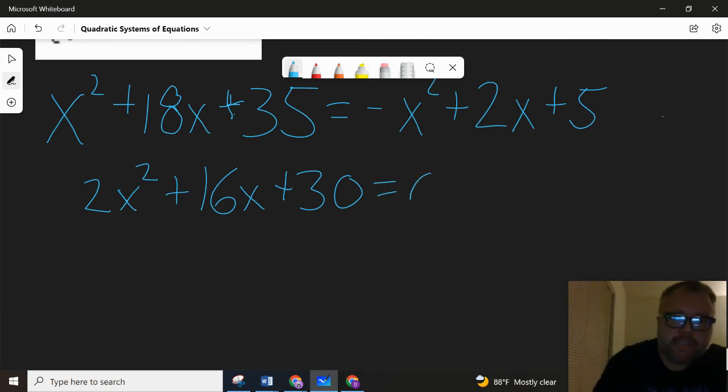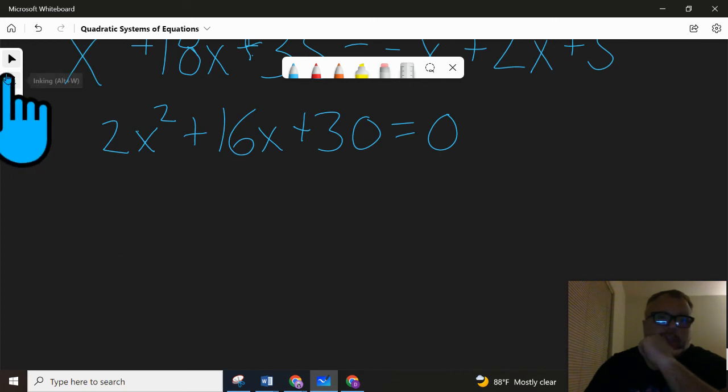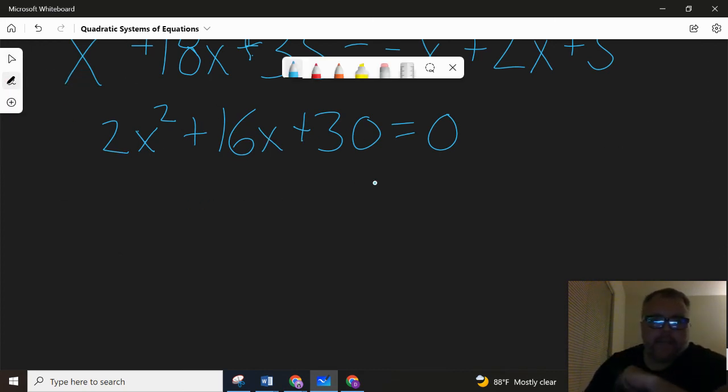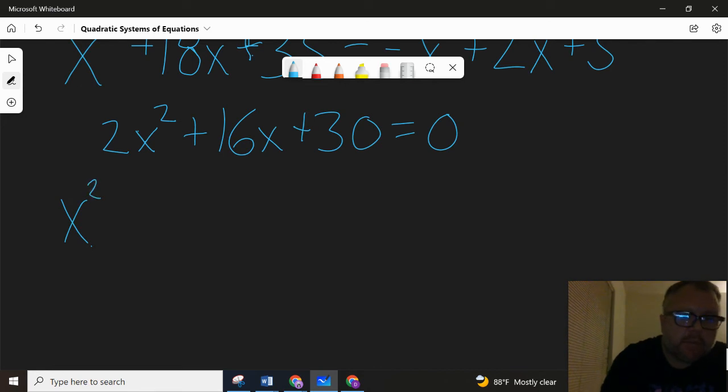Now it's set equal to 0. One optional step: you notice that A, B, and C are all even, so let's go ahead and divide by 2. It'll make our life easier. That gives us x squared plus 8x plus 15 equals 0.